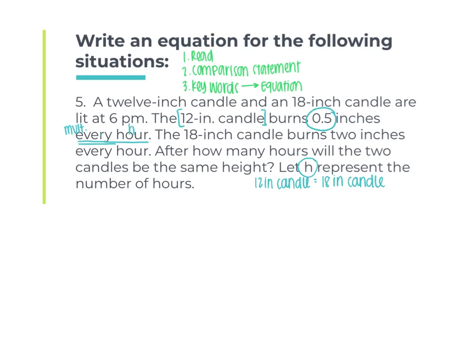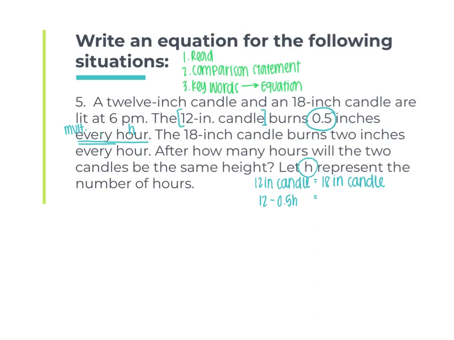So we know that we have 0.5 times h. But you need to think about what candles do when they burn, right? We know that our 12-inch candle is starting at a height of 12. And when a candle burns, it's melting. And when candles melt, they get smaller. So our height is actually shrinking a 1/2 inch every hour.